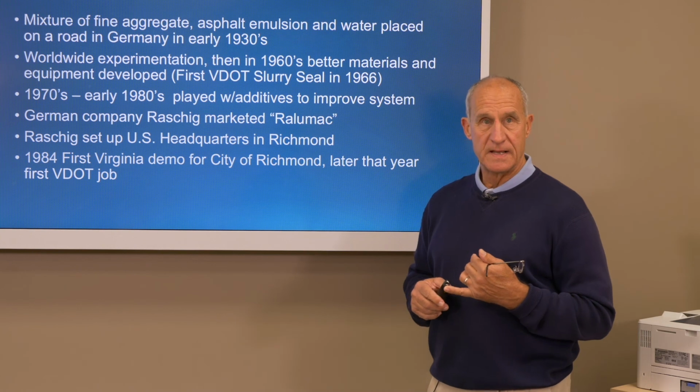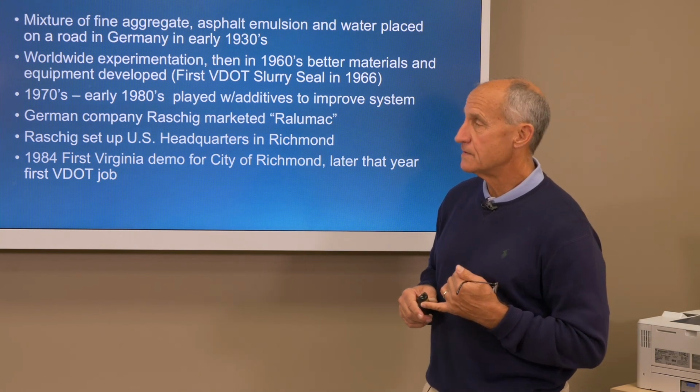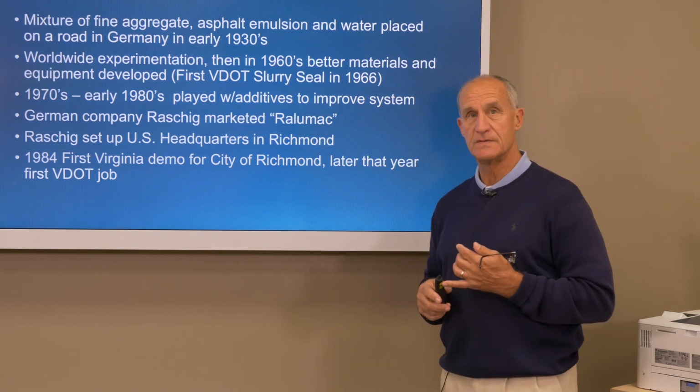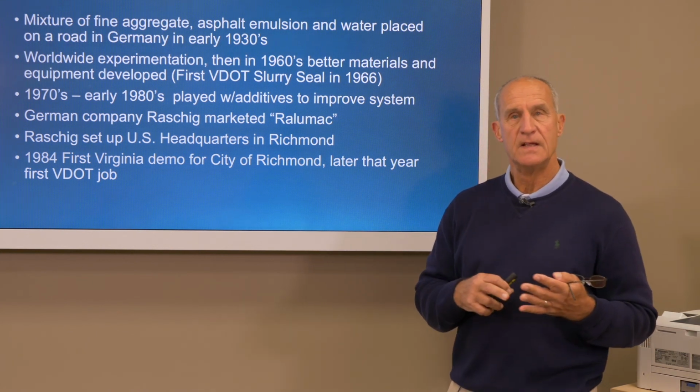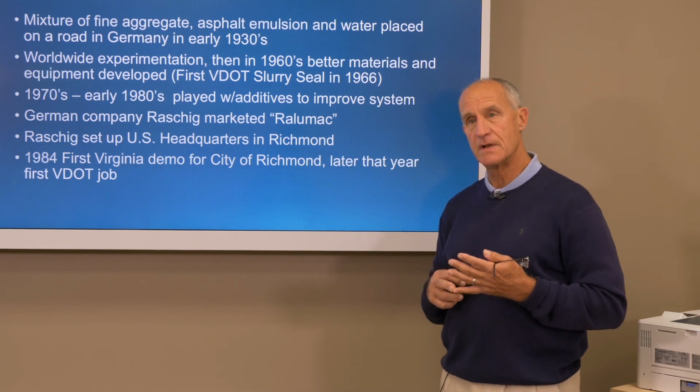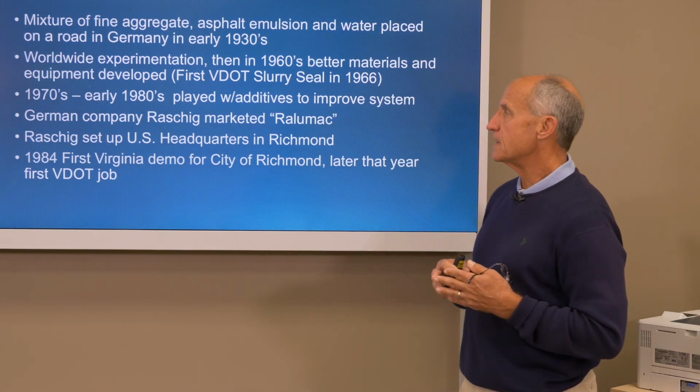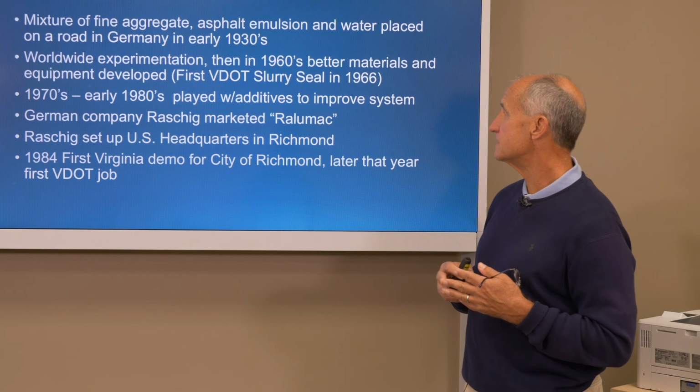The pavement markings began to outlast the pavement themselves, and so they were challenged by the German Ministry of Transport to come up with a treatment that was thin in nature but durable enough to withstand the traffic and the speeds on the Autobahns, so they didn't have to replace these expensive pavement markings.